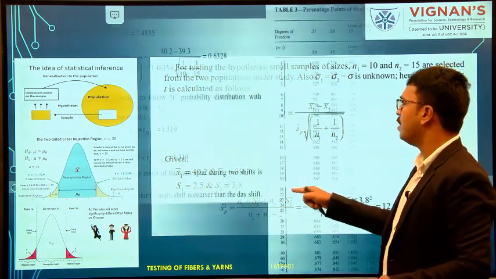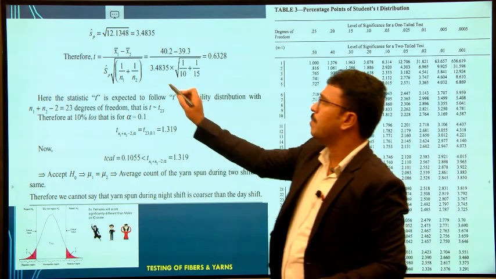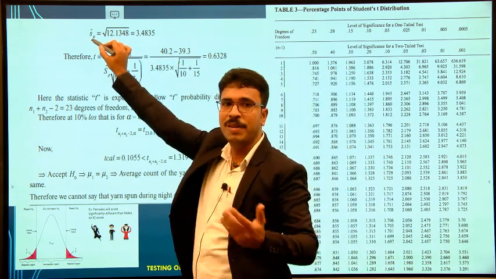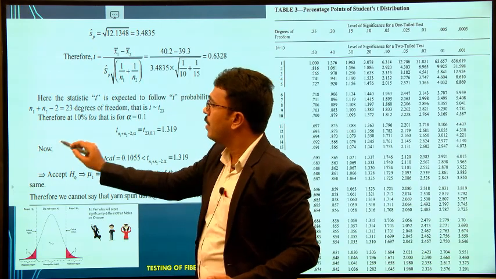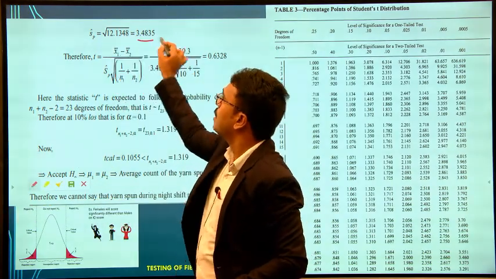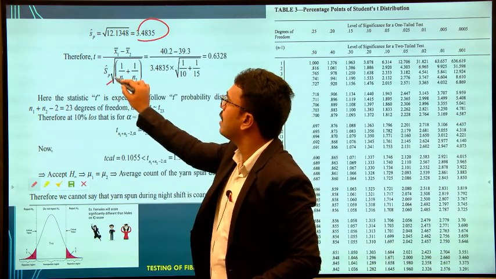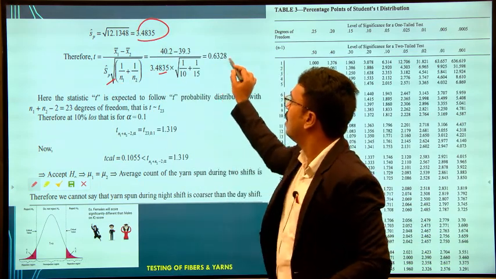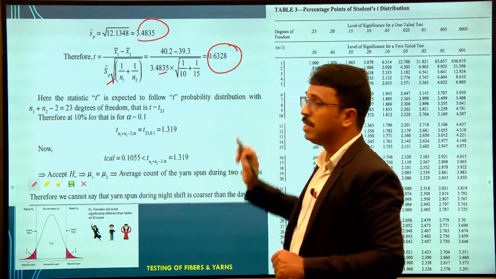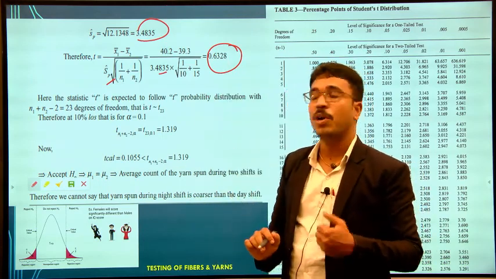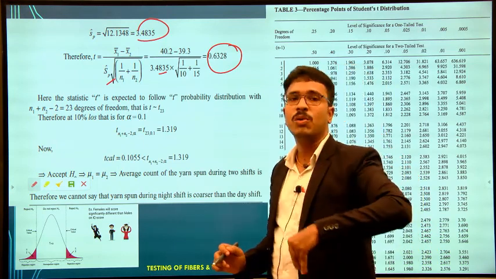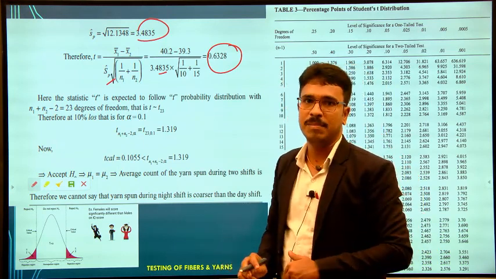After finding out these values, we have to substitute here. Since we have found the S square as population variance, from this we are getting this S value. This S value we are substituting here, with all the values, we are arriving at the statistic T as 0.63. Then we have to go back to the T table.